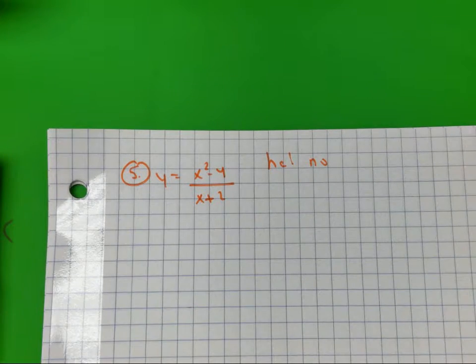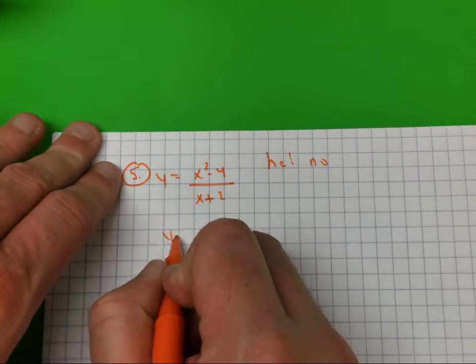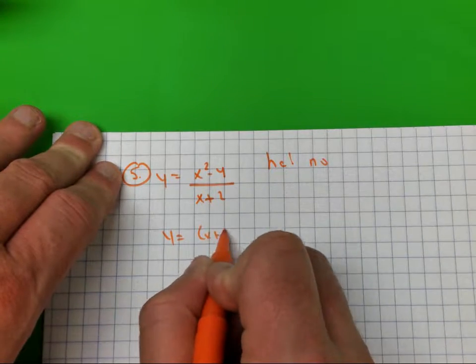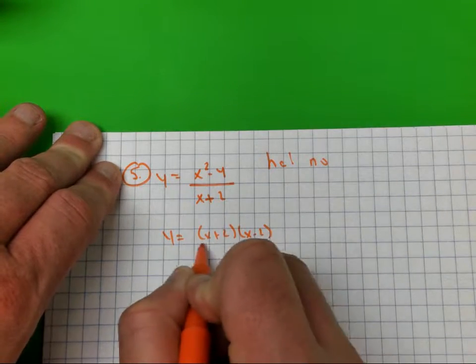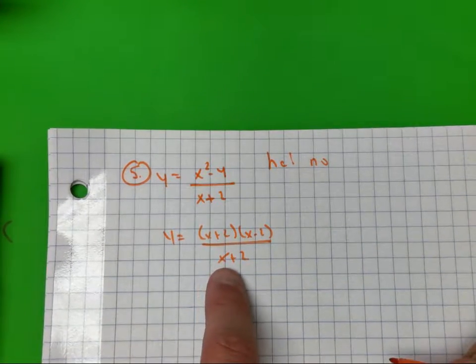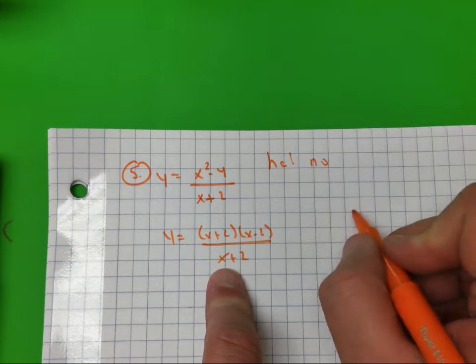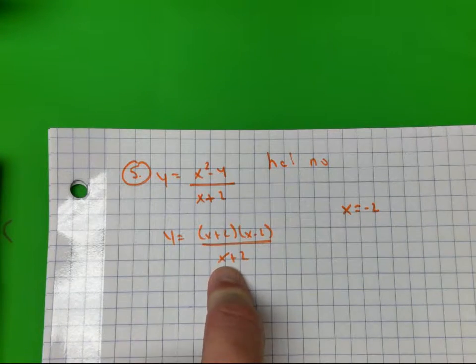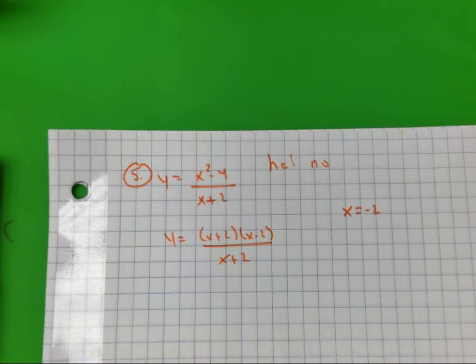Now we're going to look for our points of discontinuity, and when I say that, that means vertical asymptote or a hole. Remember. Alright, so I'll need to factor this down. Y equals difference of squares, x plus 2, x minus 2 over x plus 2. Well, look here, the only thing that troubles me is x equals negative 2. Because if I plug in negative 2, that would put a 0 in the denominator, and that would make it undefined.